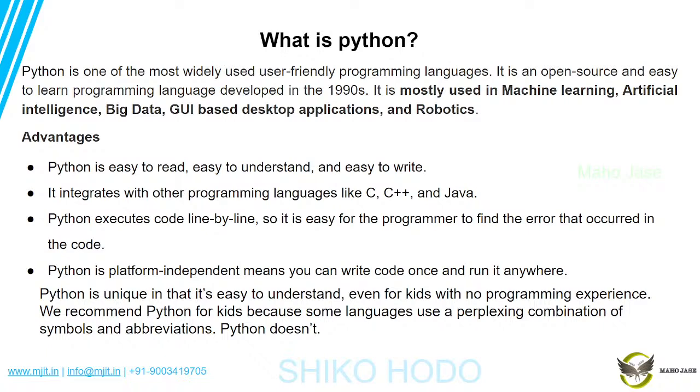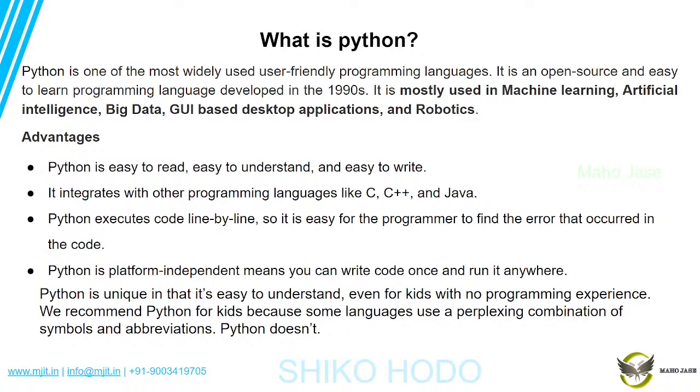It is an open source and easy to learn programming language developed in the year 1990. Open source means it's free of cost. They don't charge anything for providing the software.